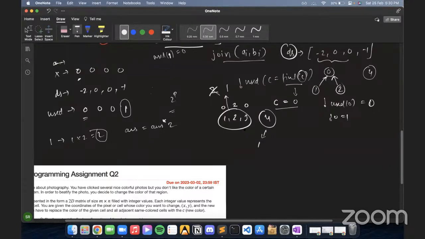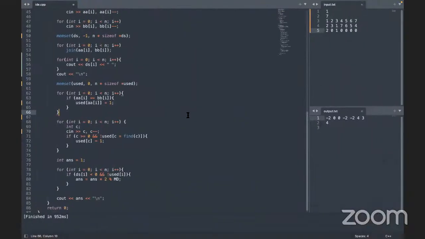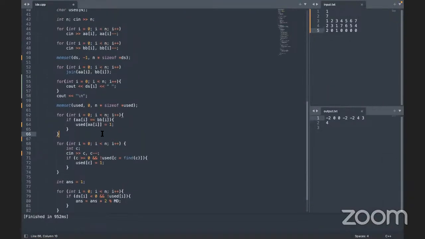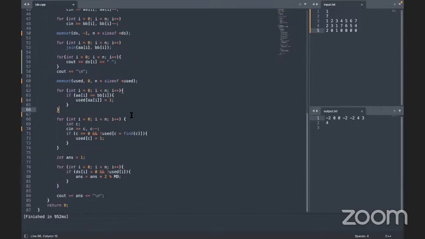It's not greater than 1. So yep, this was the DSU implementation for this question. There are other ways to implement this, to form the groups, but DSU is one of the ways.